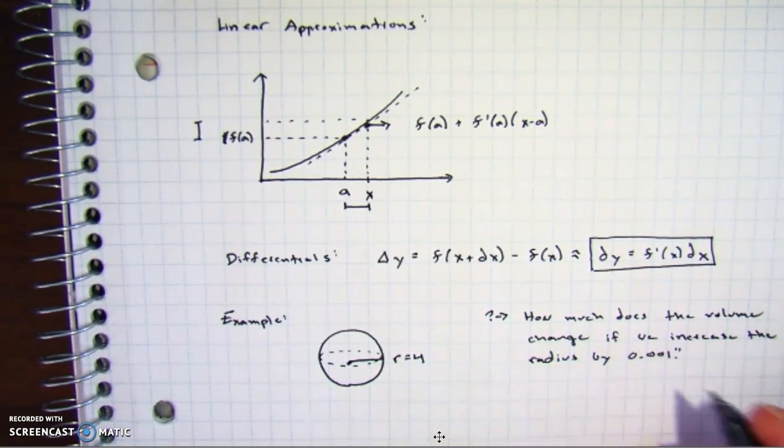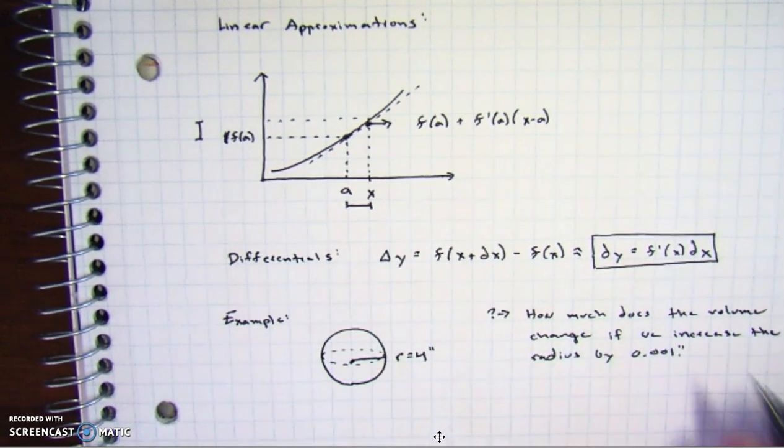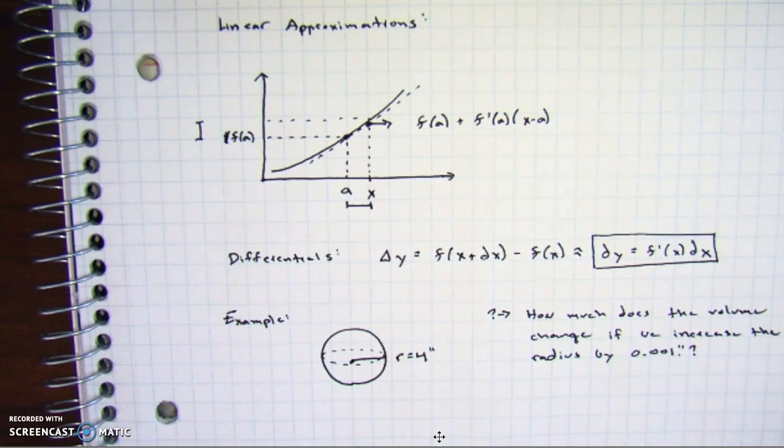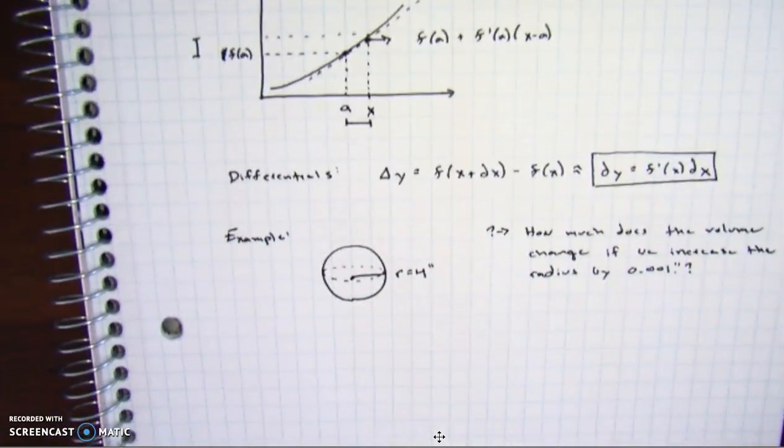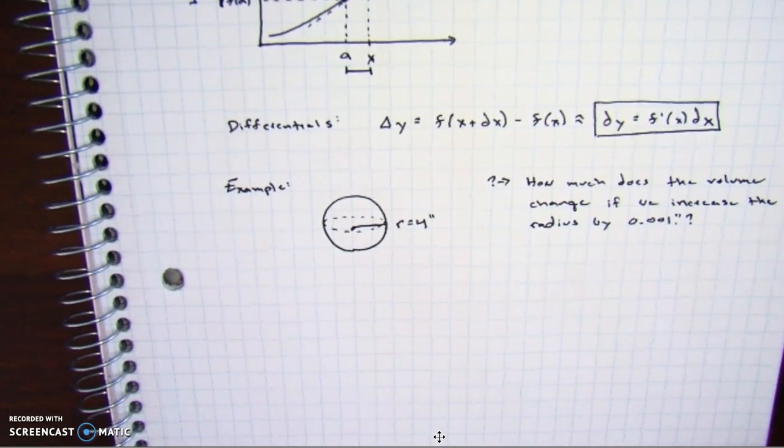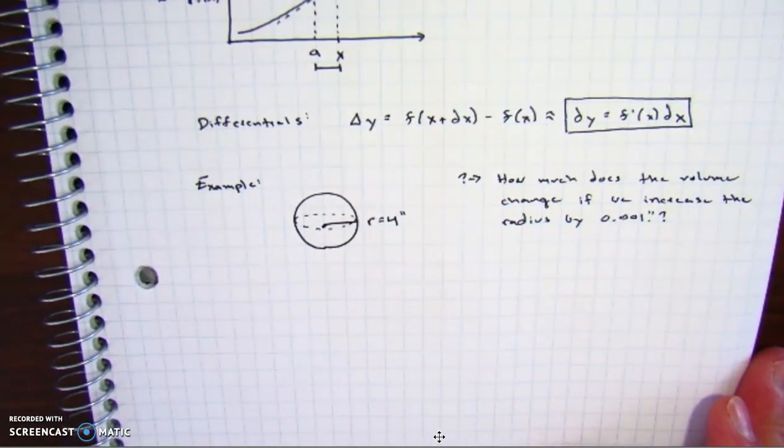Let's just call this inches. All right. Oops. Question mark. Okay, so that's our question. I'm going to scroll this down here. Well, let's see how we would use differentials to answer this.